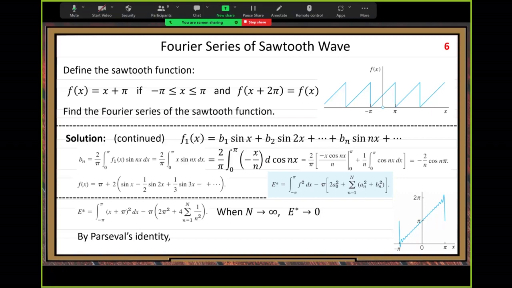We can equalize, so this pi times the summation, but here we need to use n to infinity. Replace n by infinity in the summation. This summation term, times pi, equals this integral. This integral we can calculate easily.